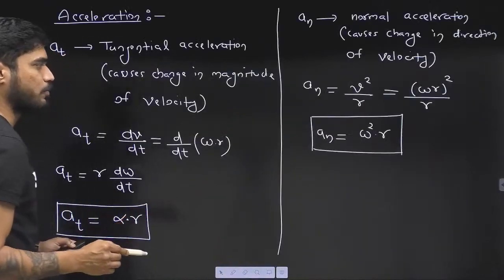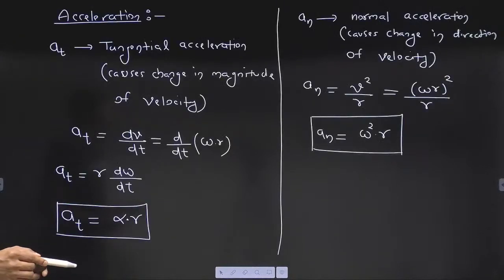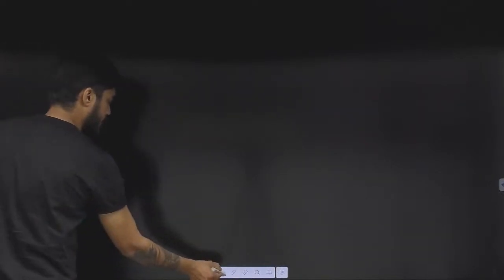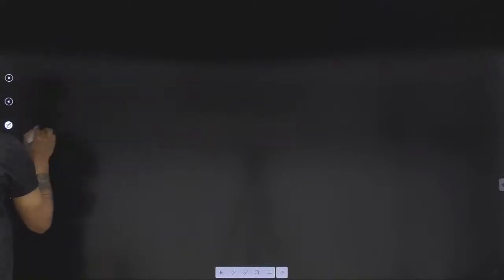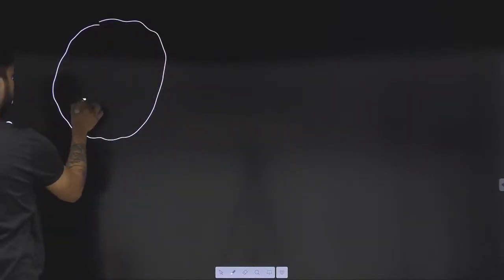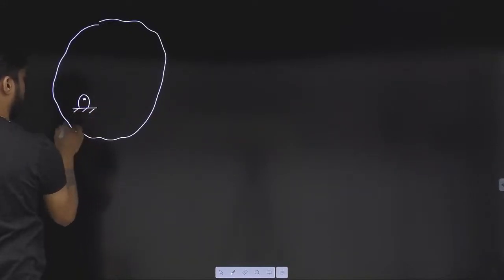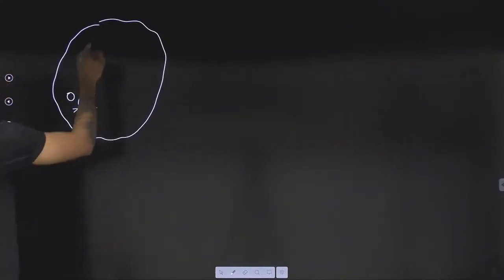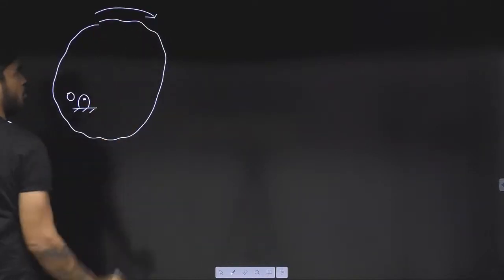All right. Now, what will be the direction of at and an? Let's see that. Let's consider this is the body. It is rotating with respect to a fixed axis, let's say clockwise.